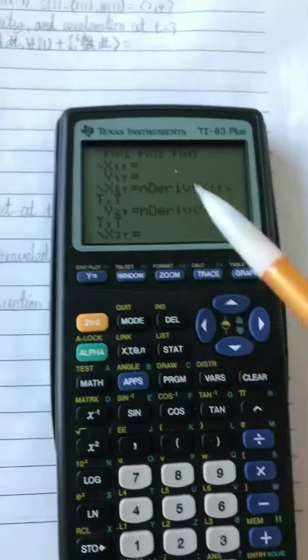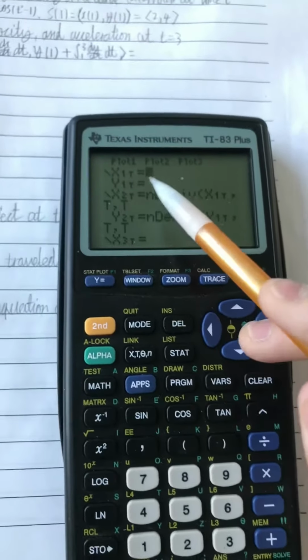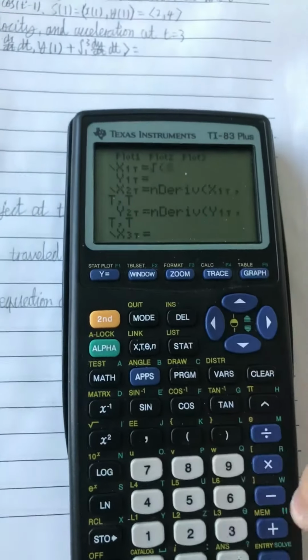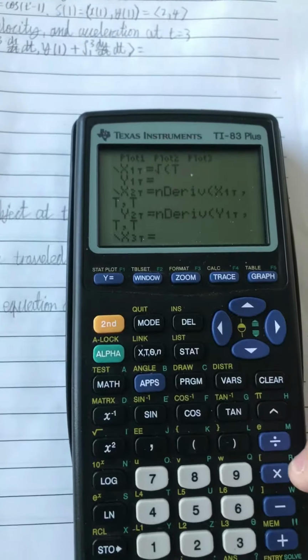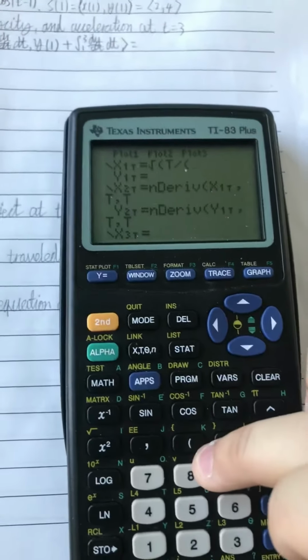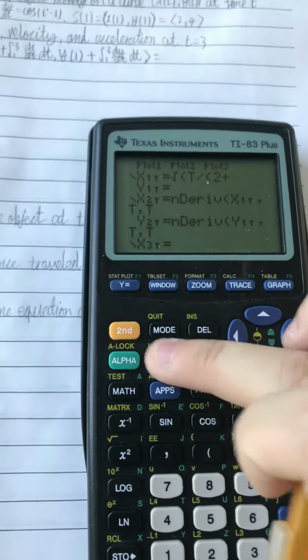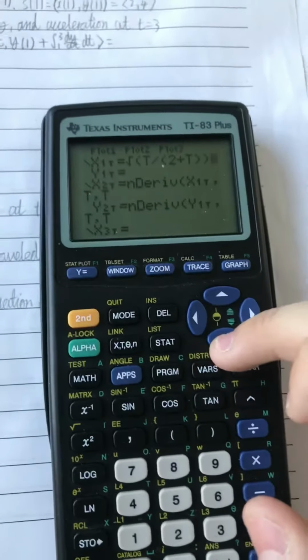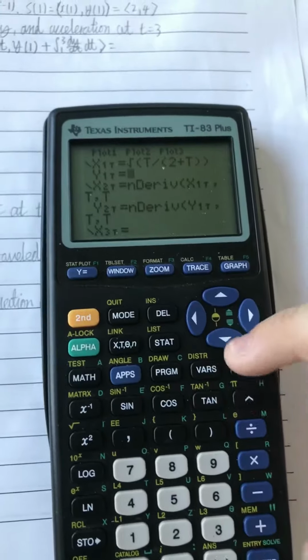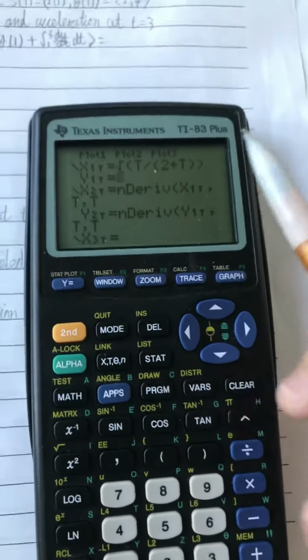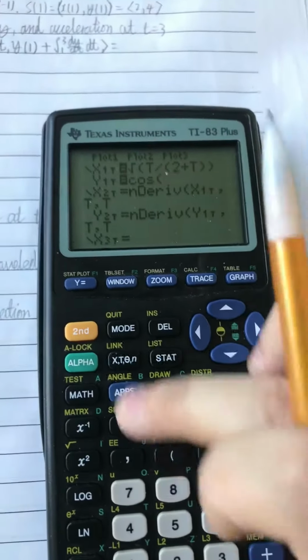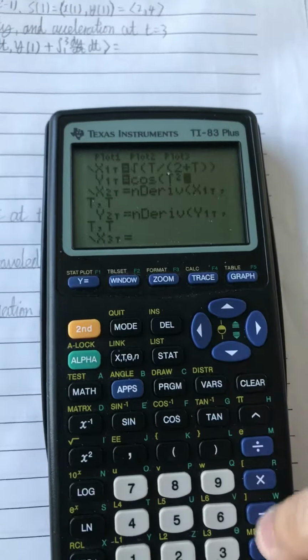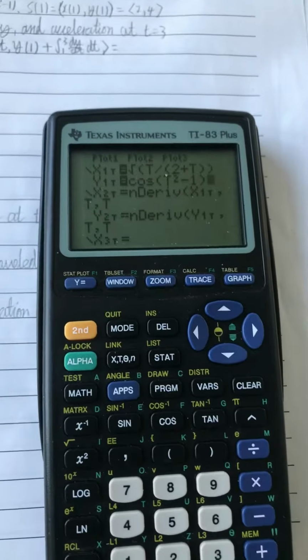So in this case, let's say x1(t) is root t divided by 2 plus t, which is basically our given dx/dt, and let's type in our given dy/dt here, which is cosine t squared minus 1.